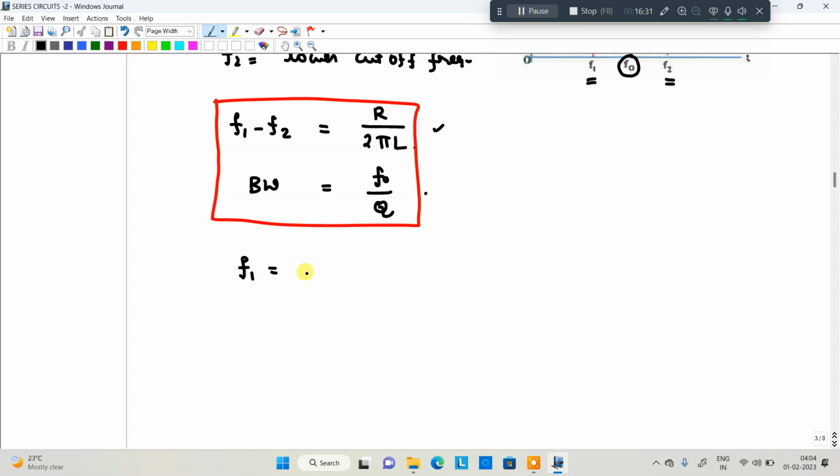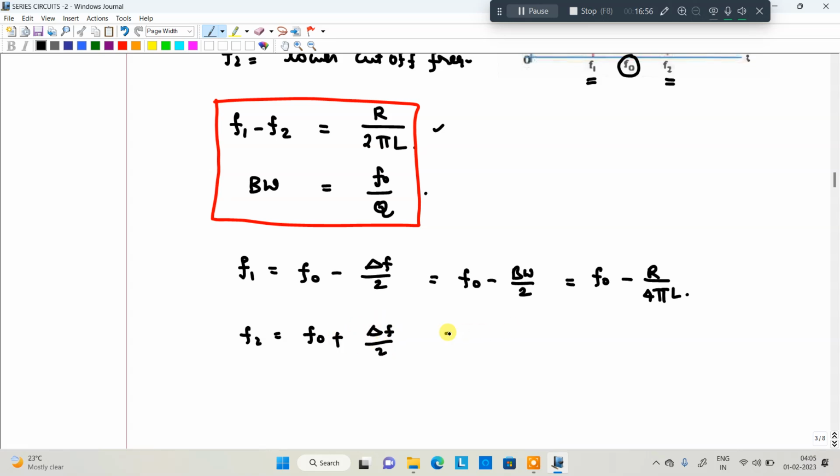F1, that is our upper cutoff frequency, formula will be f0 plus delta f by 2, which is equivalent to f0 plus bandwidth divided by 2, which is also equivalent to f0 plus R by 4 pi L. Next, f2, the lower cutoff frequency, is f0 minus delta f by 2, that is f0 minus bandwidth divided by 2, f0 minus R by 4 pi L. These are the formulas we have to remember.